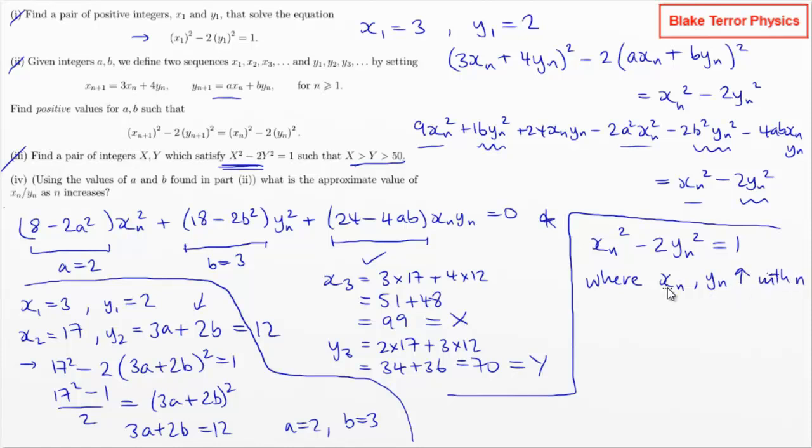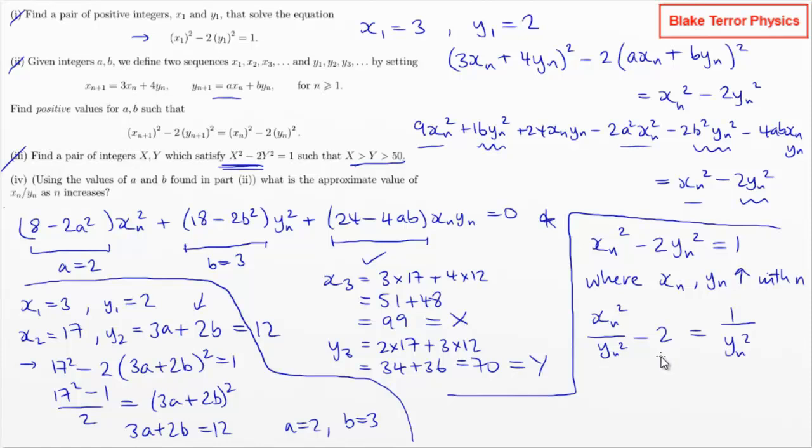They're never going downwards. We've already established this from those sequences. So what are we going to do about this then? Well, we want this ratio, xn divided by yn. So let's divide by yn squared. At least that will get us an expression with it in it. So we can say xn squared over yn squared minus 2 equals 1 over yn squared.